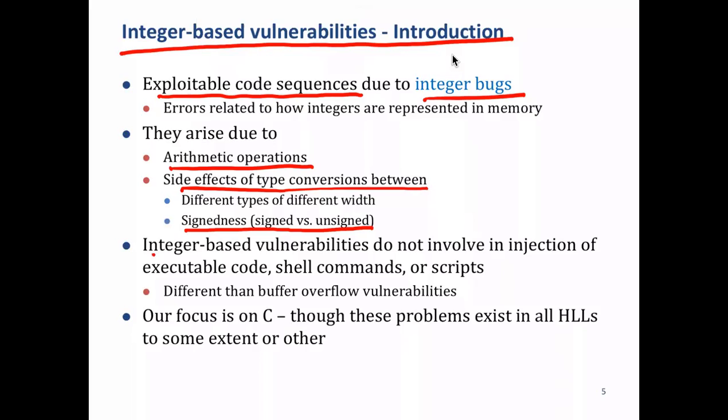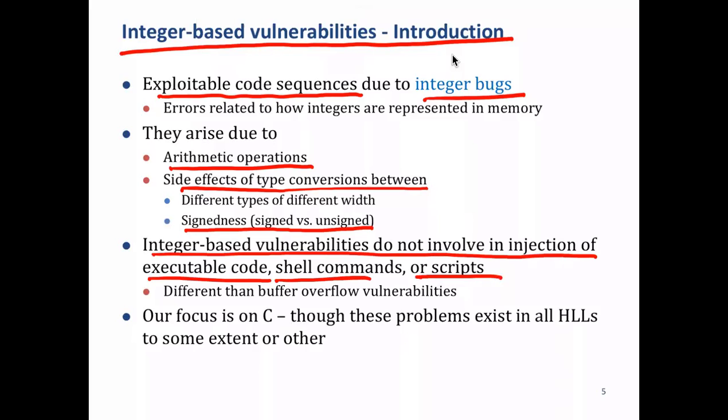Okay, so note that integer based vulnerabilities don't involve any injection of executable code, shell commands or scripts, right? In general, you can just read some values or overwrite some values.